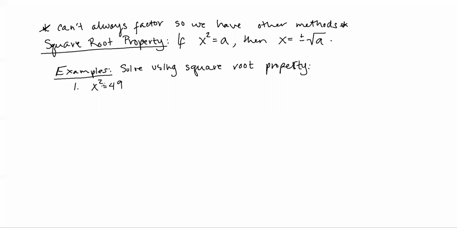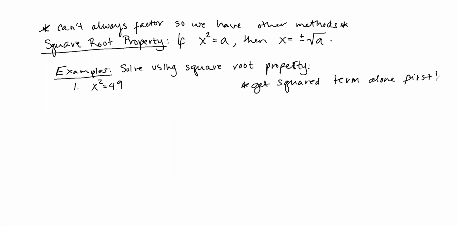You also want to make sure that the squared term is by itself. I'm saying the squared term because it's not necessarily always an x. It could be like an x minus 4 squared, like I was talking about. But get the squared term alone first.